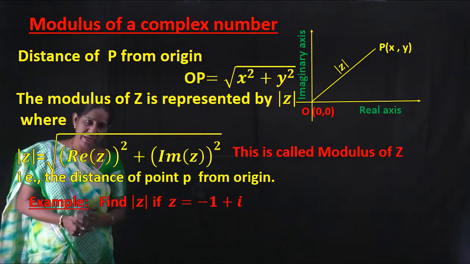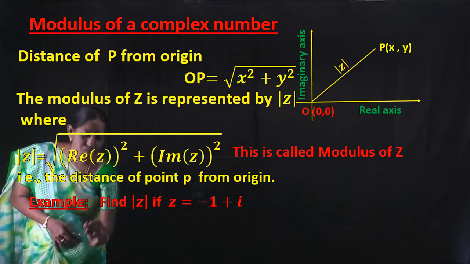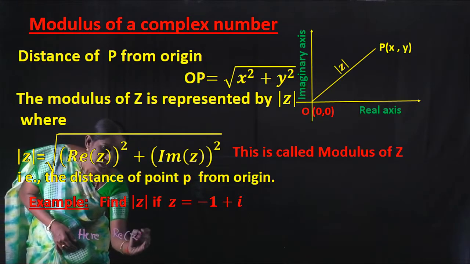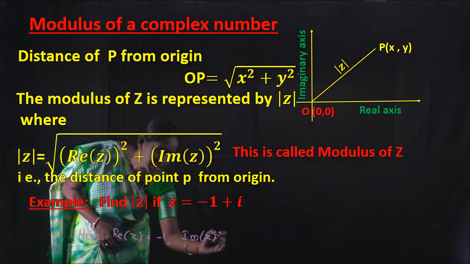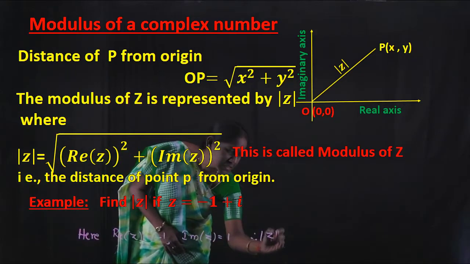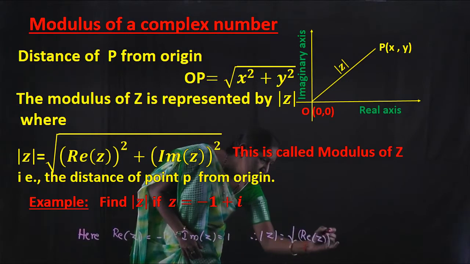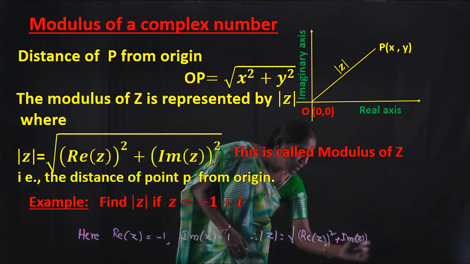Find mod Z if Z is equal to minus 1 plus i. So here real part of Z is equal to minus 1, imaginary part of Z is equal to 1. Therefore, mod Z is equal to square root of real part of Z whole square plus imaginary part of Z whole square.